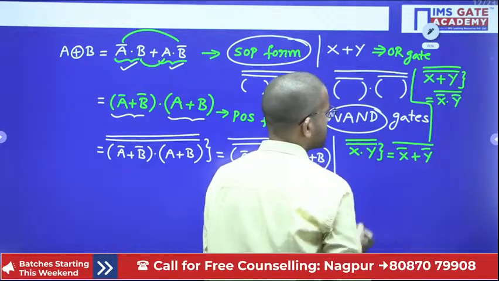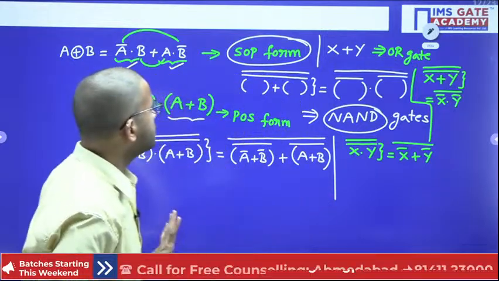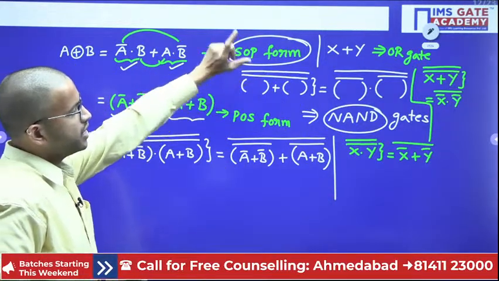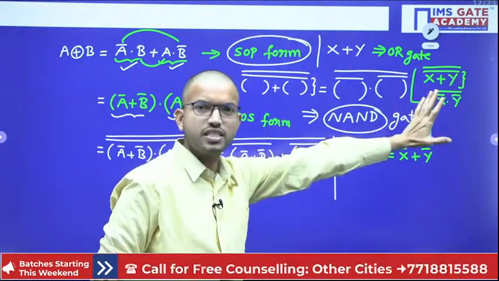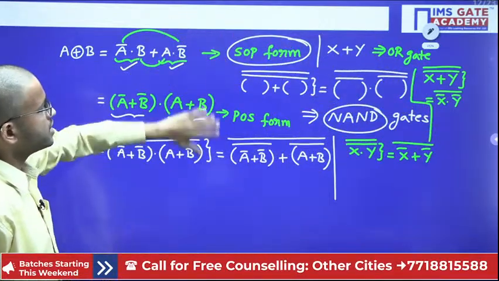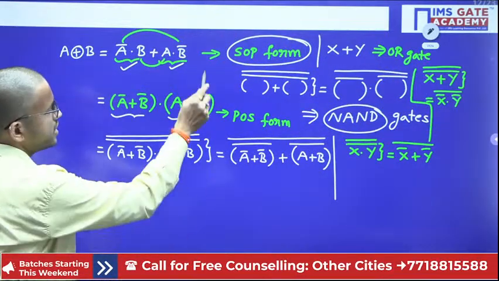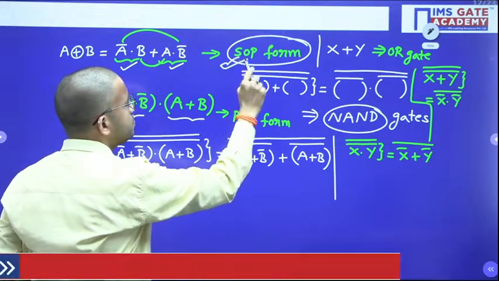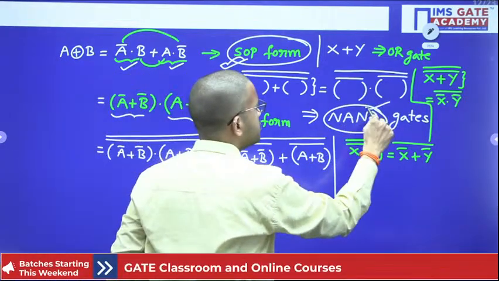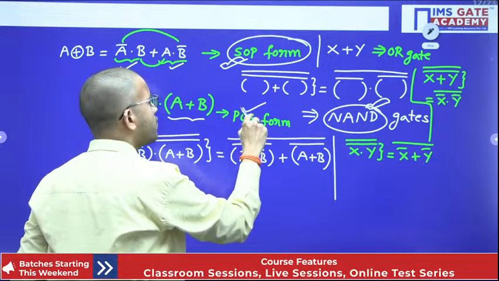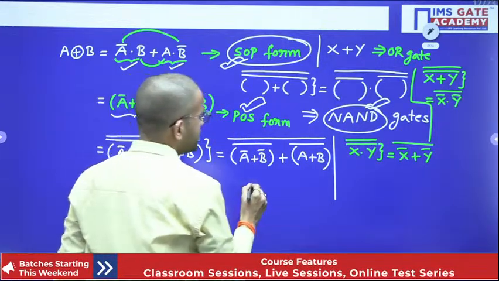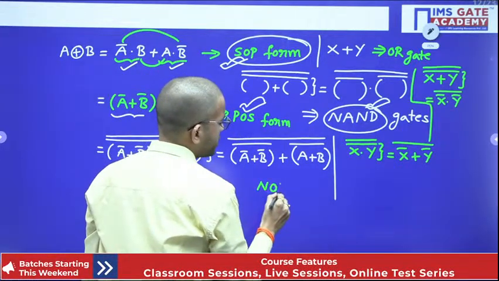So it is very simple. That is the reason I have told, either you can remember the basic gates implementation or you can visualize like this. Whenever you are having SOP form, it is easy to implement by using NAND gates. Similarly, whenever you are having POS form, it is easy to implement by using NOR gates.